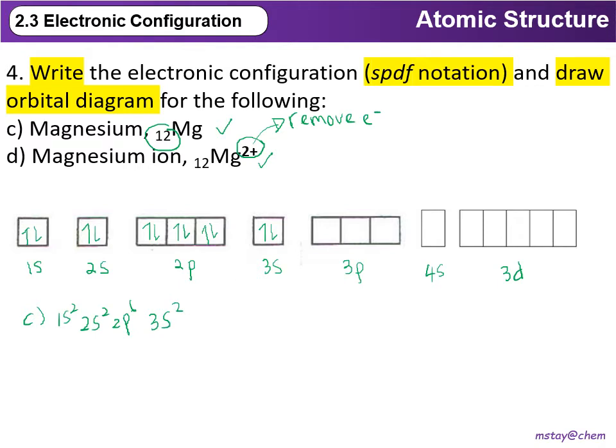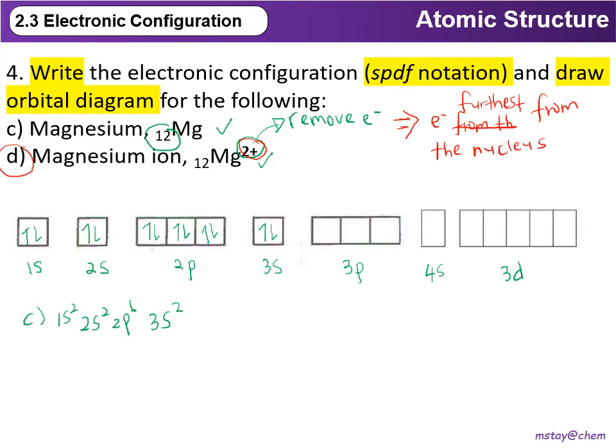Okay, now the next question, part D, is magnesium 2 plus. Just now we mentioned we are going to remove electrons. Remember that we learned in 2.1 ionization energy, when we want to remove electrons, we remove them from the furthest from the nucleus.